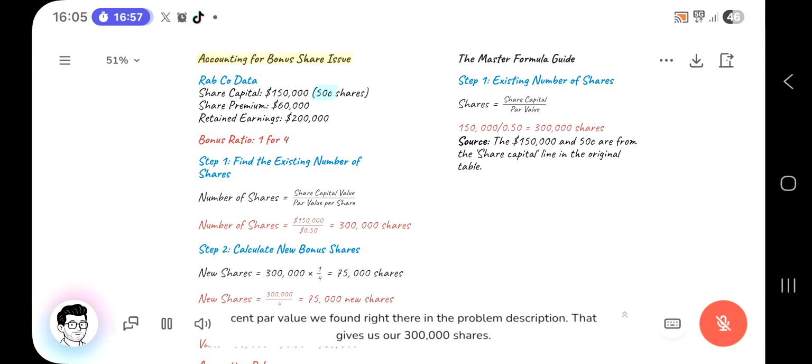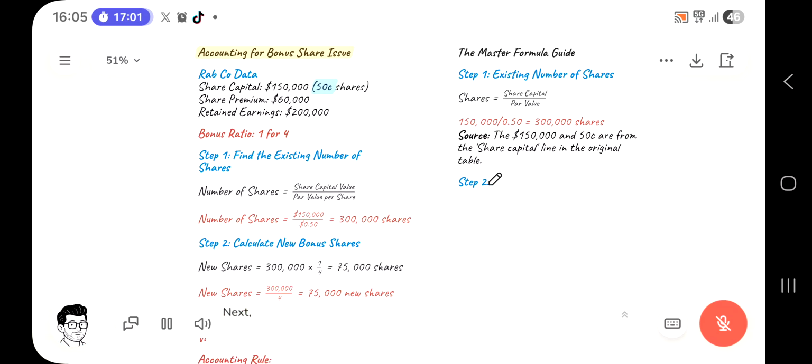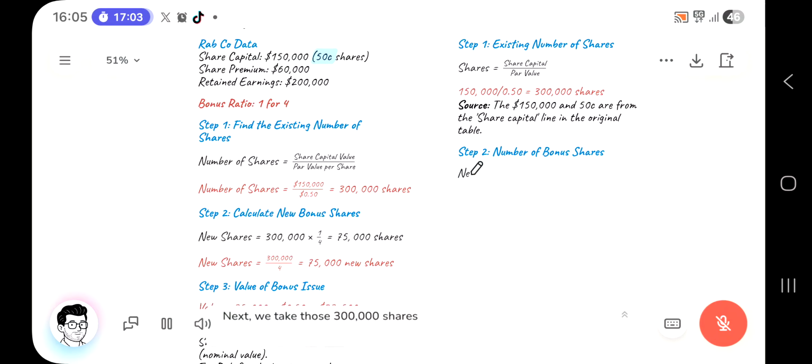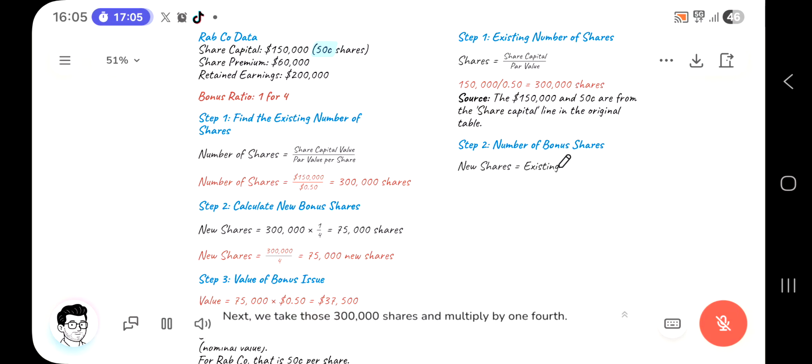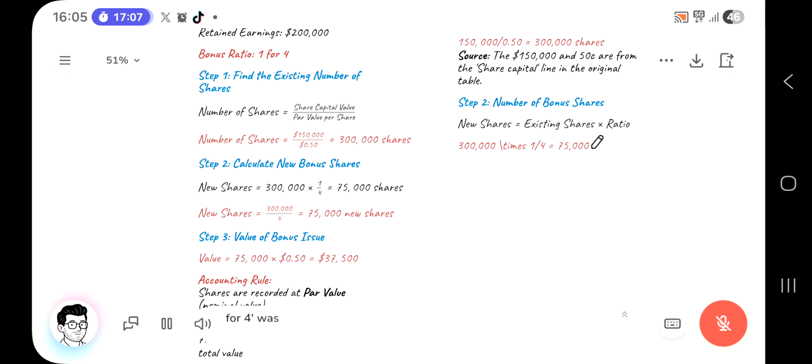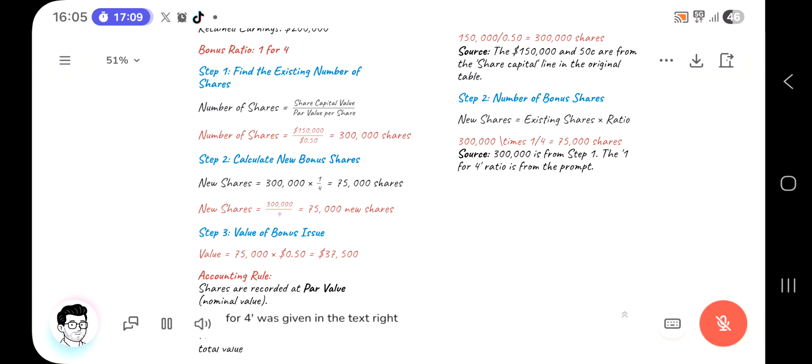That gives us our 300,000 shares. Next, we take those 300,000 shares and multiply by 1/4. The 1 for 4 was given in the text right below the table. That gets us 75,000 new shares.